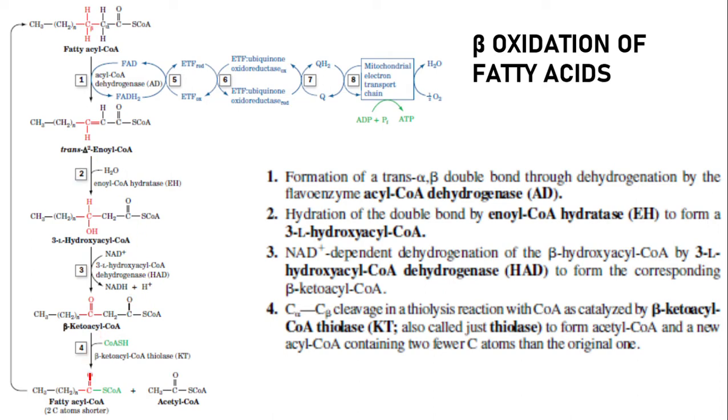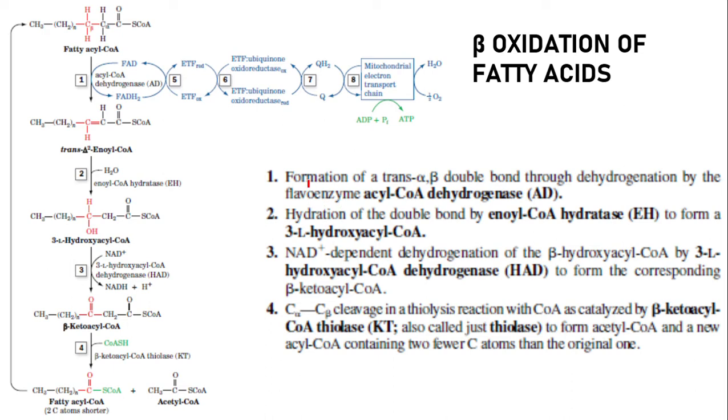In the fourth reaction, a molecule of acetyl coenzyme A is released. It contains two carbon atoms. These two carbon atoms are removed from this fatty acyl coenzyme A. That means this newly formed fatty acyl coenzyme A at the end of the fourth reaction has two carbon atoms shorter. You can see it very clear. Two carbon atoms shorter.